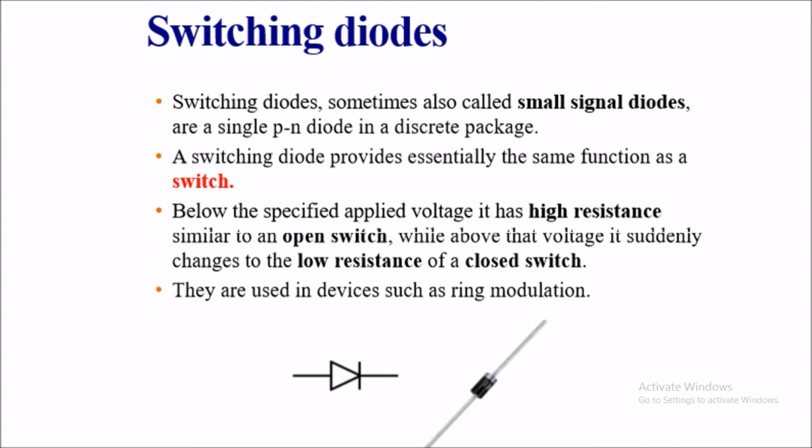While above the voltage, when it goes above the threshold voltage, it suddenly changes to the low resistance of a closed switch as shunt. So it's open with high resistance or low resistance, so it acts as a closed switch and passes all current. They are used in devices such as ring modulation, and the symbol is like this, and in real it looks like this picture on the right.